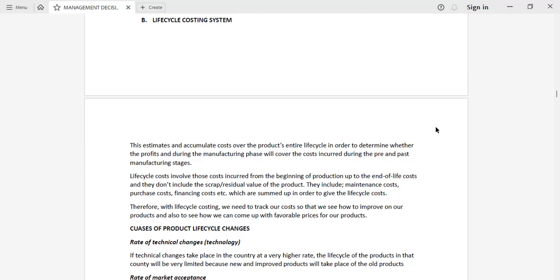So let's look at the life cycle costing system as our second costing system, among the other costing systems that we have.